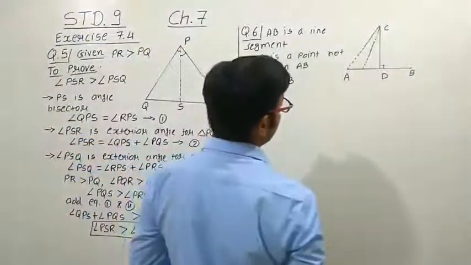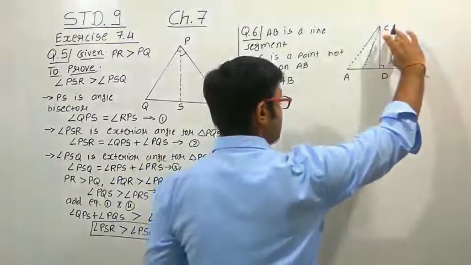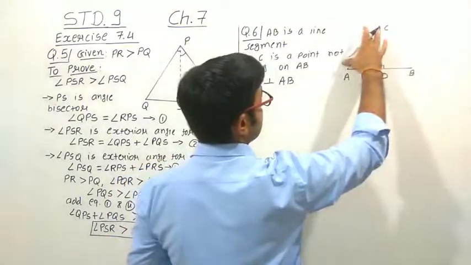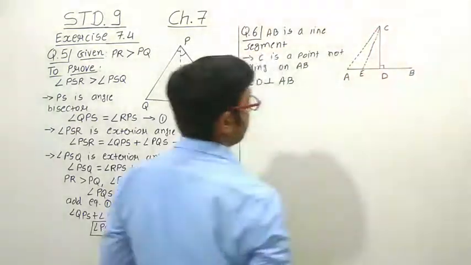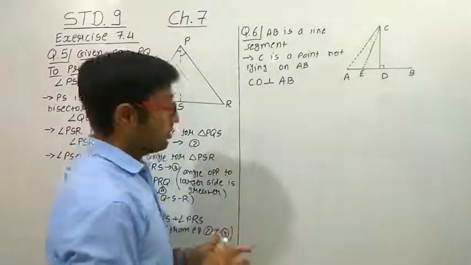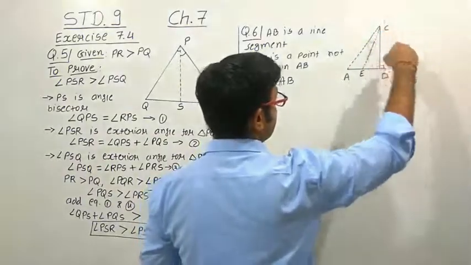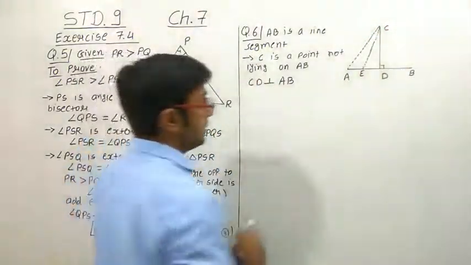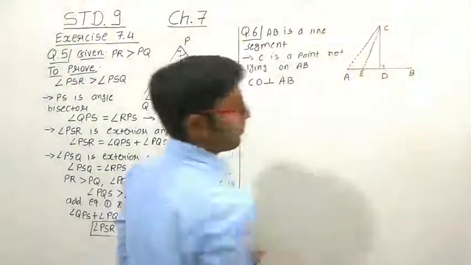What we have to prove is that this distance CD is the shortest. If we take a point E here, then CD is the shortest distance out of CE, CA and CD, because this is the perpendicular from this point to this line segment.